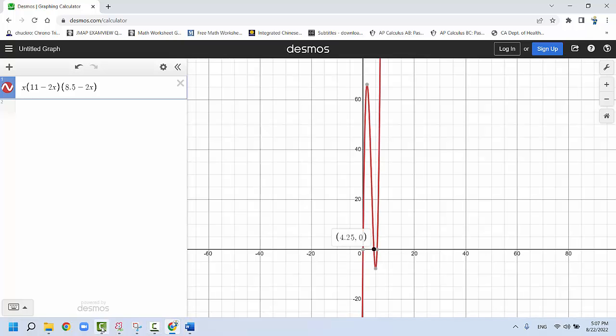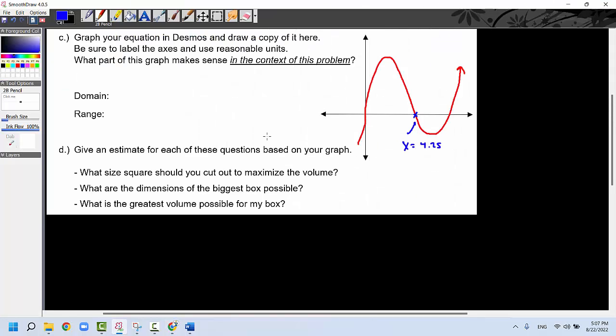Now, if you think about the way this box is going to be constructed, this is the V of x axis, which means the y-axis represents the volume of the box, which means anything below the x-axis represents negative volume, which really can't exist in the real world, right? So with that in mind, I'm hoping it makes sense that the window for this box would be up until the first x-intercept, because this is all possible positive volumes of the box.